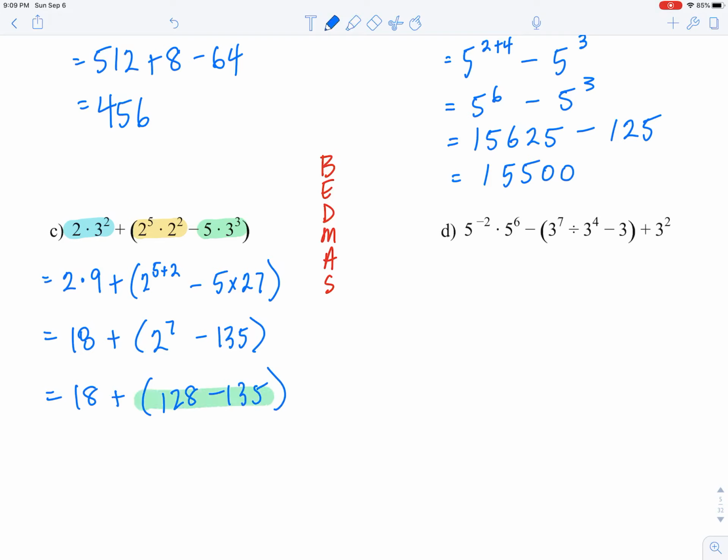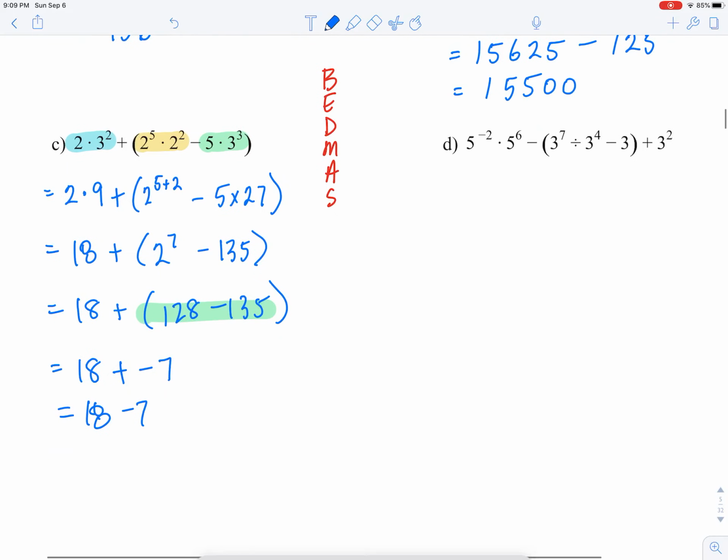So I have to figure out what that is. 128 minus 135 is minus 7. So it's 18 plus minus 7, which is the same as 18 minus 7, which is 11. Inside the brackets, figuring out each term, then I dealt with the bracket, exponents, and the addition and subtraction.